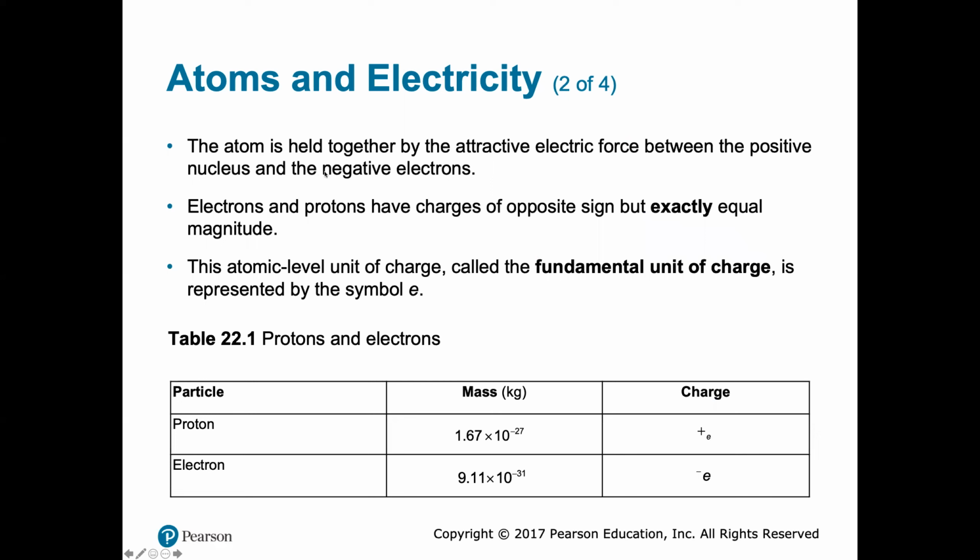The atom is held together by the attractive force between the positively charged nucleus and the negatively charged electrons. The electrons and the protons have charges of opposite sign, but exactly equal in magnitude.